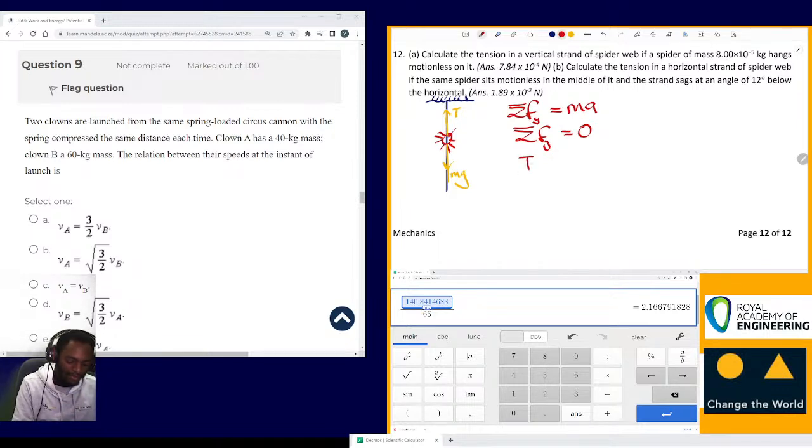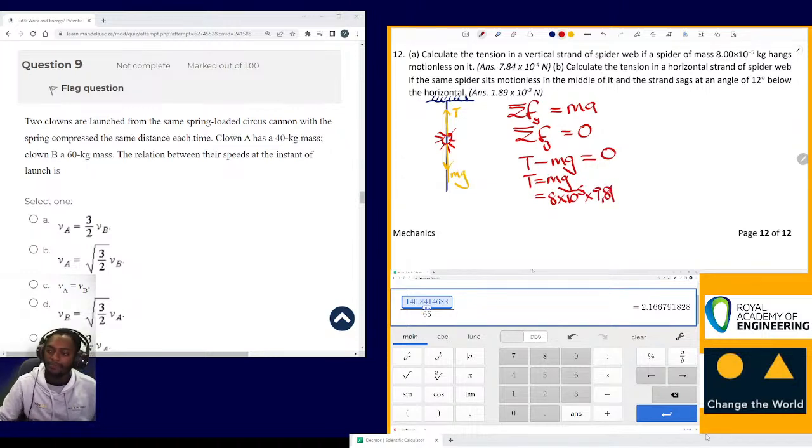We've got our tension going up and mg down in the negative. So this is going to be equals to 0. And what that means is the tension is equals to the weight. So what is the mass? 8 times 10 to the negative 5 times 9.81. Let's calculate that.